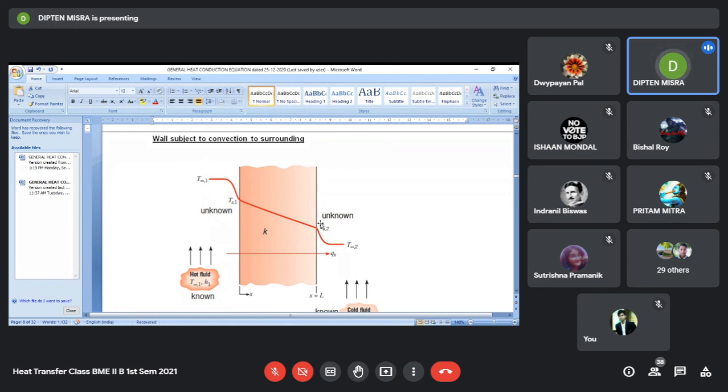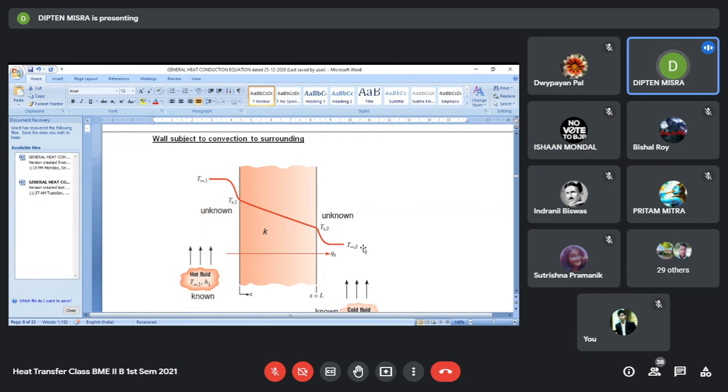There are two thermal boundary layers, here and this side. Wherever there is a fluid and a heat flow, a temperature change has to be there. The region where there is a change is called the thermal boundary layer, and the region beyond that is the free stream zone. In the free stream zone, we symbolically write it as T infinity.